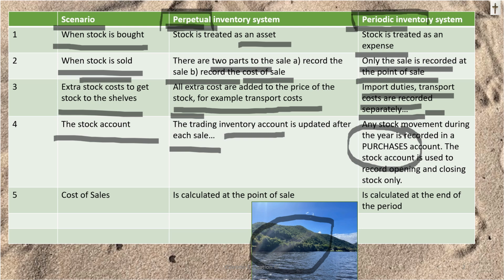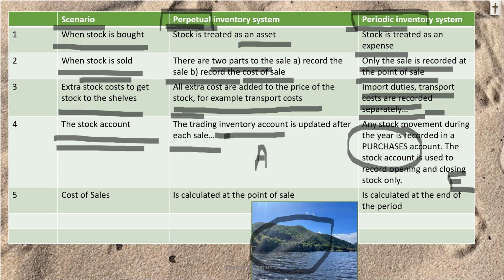And a purchases account is treated as an expense, whereas in the perpetual inventory system, the inventory account is an asset.